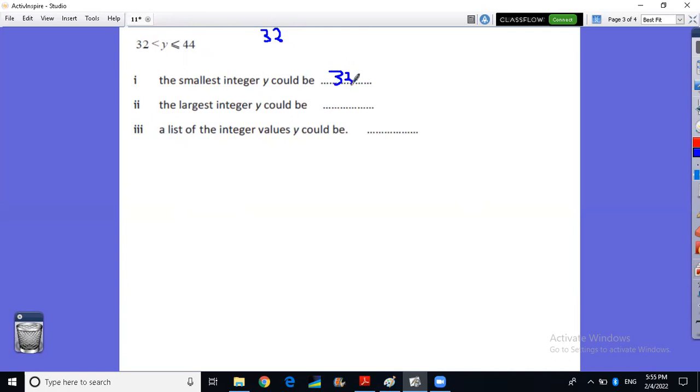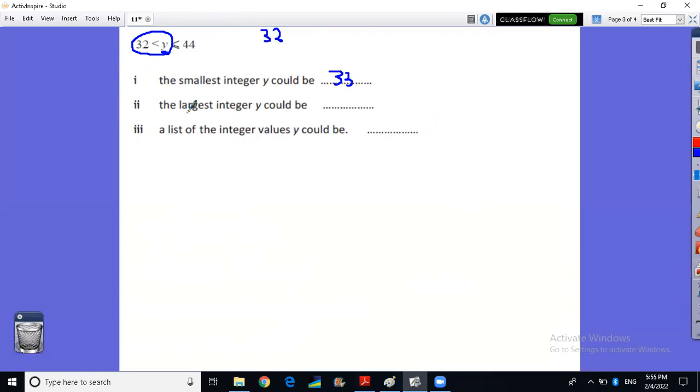Again, it says here that y is greater than 32. So the smallest number that comes after 32 is 33. This is the smallest number y could be.